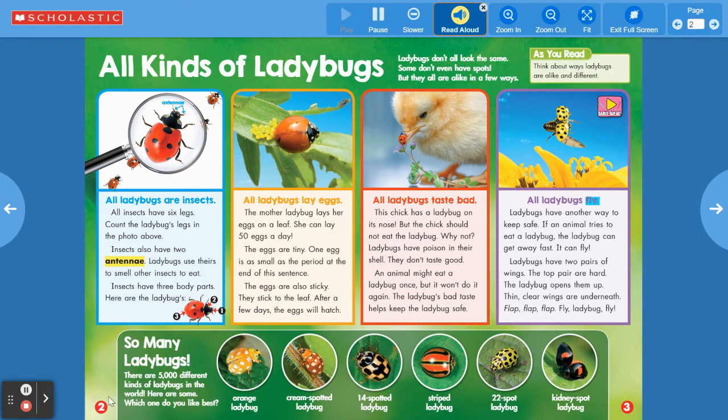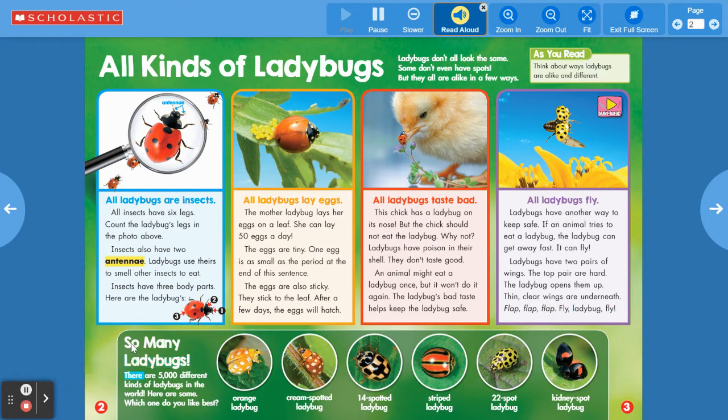All ladybugs fly. Ladybugs have another way to keep safe. If an animal tries to eat a ladybug, the ladybug can get away fast. It can fly. Ladybugs have two pairs of wings. The top pair are hard. The ladybug opens them up. Thin, clear wings are underneath. Flap, flap, flap. Fly, ladybug, fly.